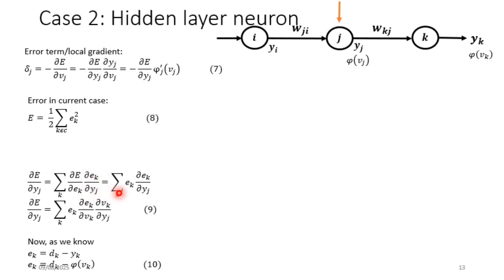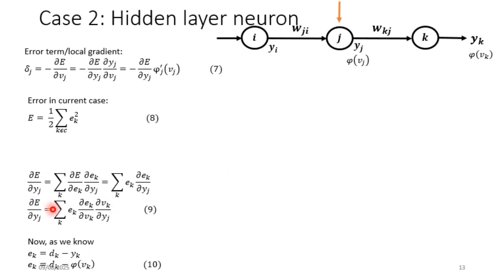From this equation we can compute this derivative, which is given as ek, and this summation is there because there are multiple neurons in the output layer which are impacted. So wji and wkj impact all those neurons, so while updating we will consider all those neurons, right?